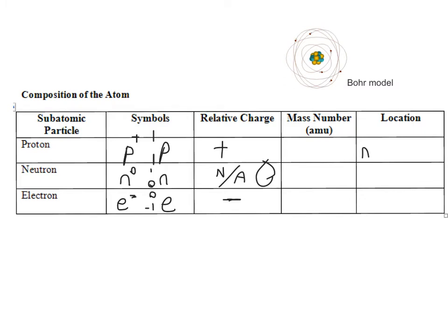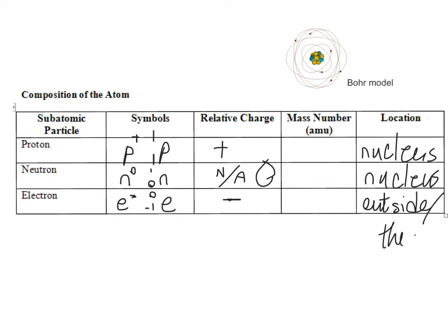So we know that our protons live in the nucleus, and we know that our neutrons live in the nucleus, and the electrons are constantly floating around outside the nucleus. And sometimes we call that area the cloud, or the electron cloud. So we have protons and neutrons in the nucleus, electrons floating around outside.